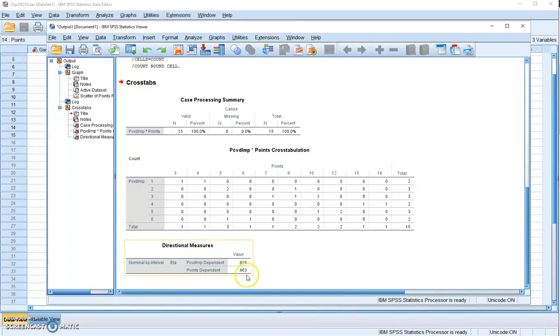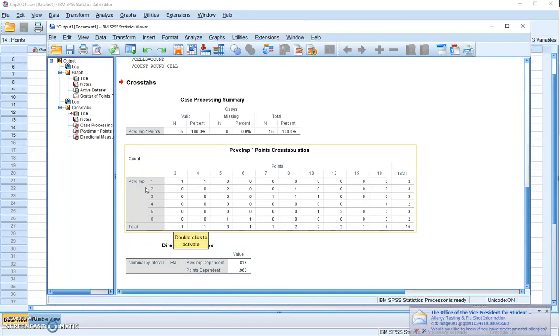You have two values, and you want to read the value that is consistent with which variable you think has been used as your dependent variable. In our case, we think the perceived importance was the independent variable, and number of points scored is the dependent variable.